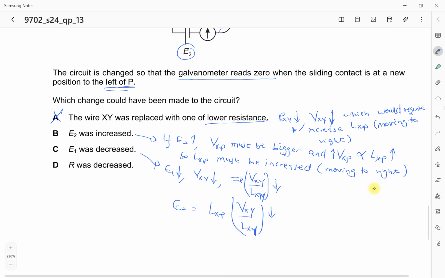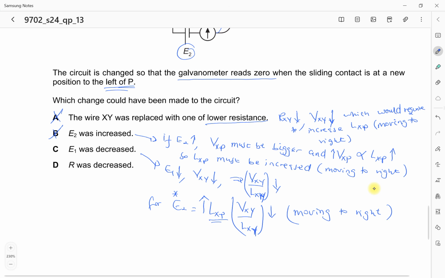Because this quantity has decreased, yet E2 should remain constant, the length LXP must be increased. LXP cannot be increased by moving to the left. It increases by moving to the right. So for E2 to stay the same, since Vxy over Lxy has decreased, LXP must increase, which would require moving to the right. This means moving to the right again.